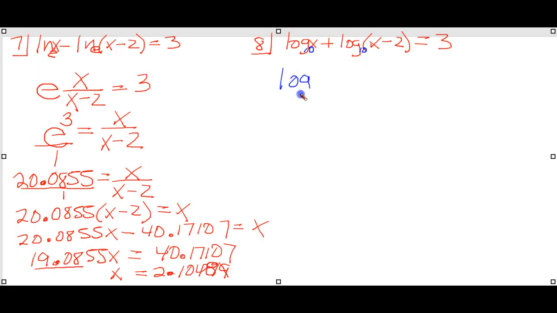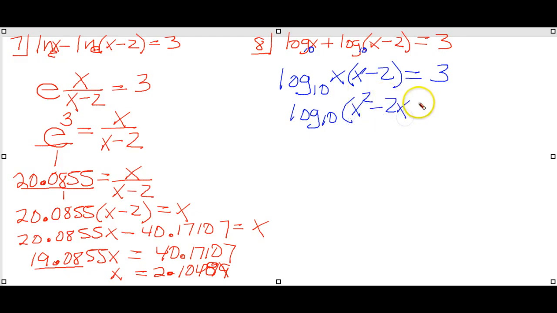Log base 10 of x times x minus 2 equals 3. We're going to distribute: log base 10 of x squared minus 2x equals 3.